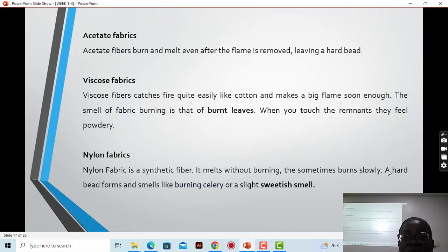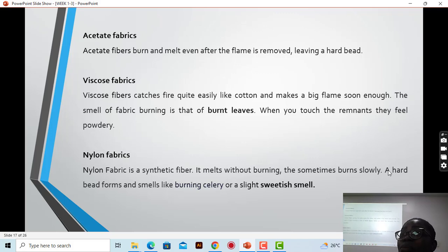Acetate fibers burn and melt, and continue to melt even after the flame is removed, unlike silk. So if we are burning an acetate fiber right now and any wind blows and the fire goes out, that fabric will continue melting because there is heat in it.